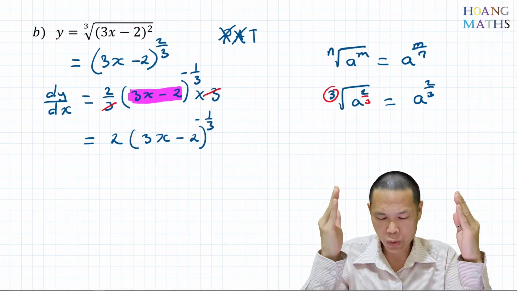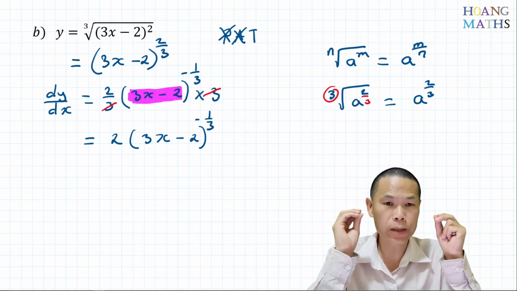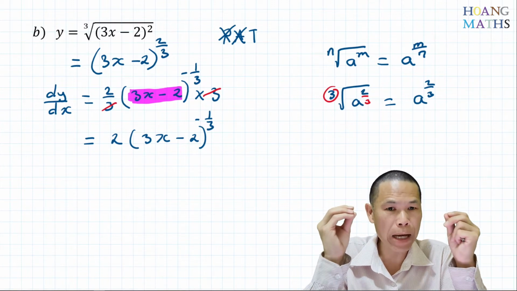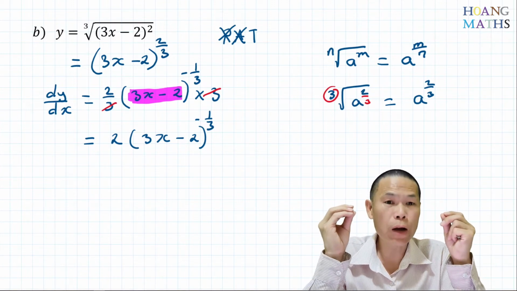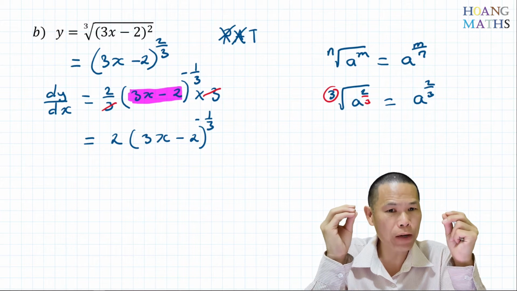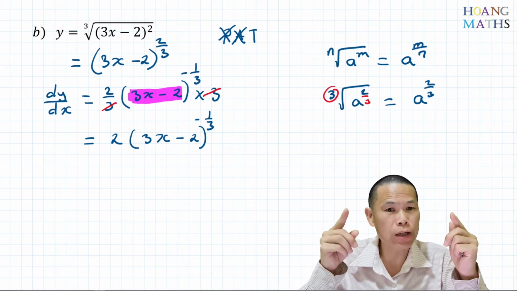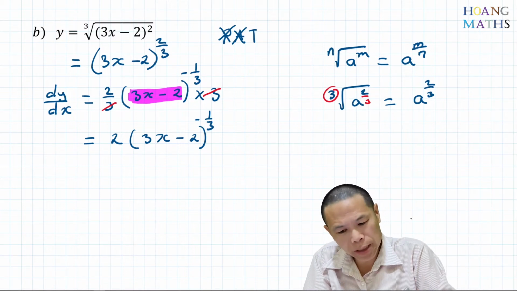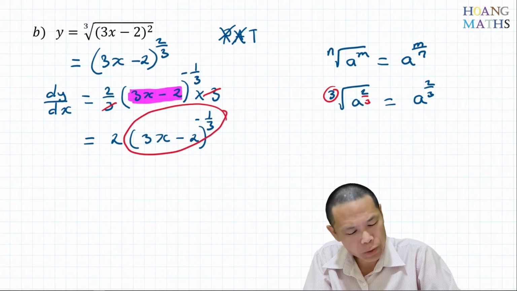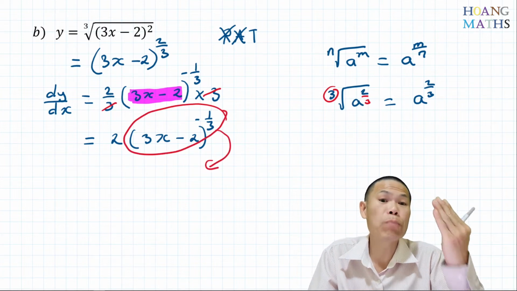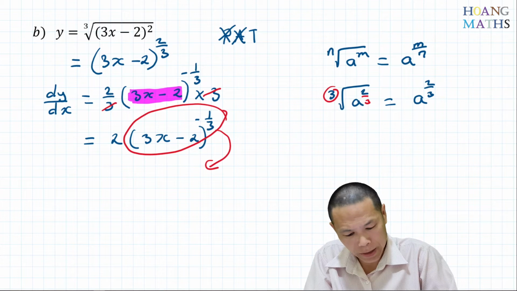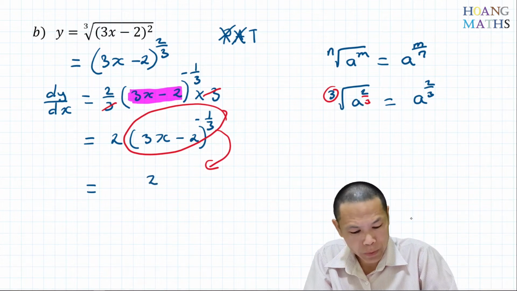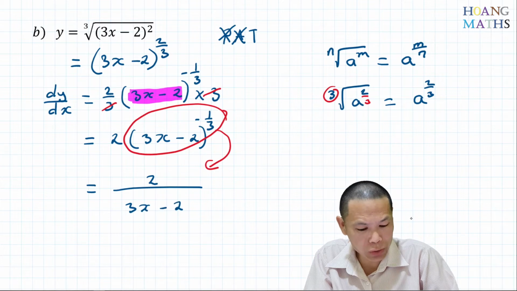But then the question is given in cube root form. Then we need to convert back to cube root form. To do this, of course, we need to bring the power negative a third down, to become positive first. Okay. So that means I bring this group here, we'll bring it down. So that converts into positive index. So that will give me 2 over, so (3x minus 2) to the power of a third first.